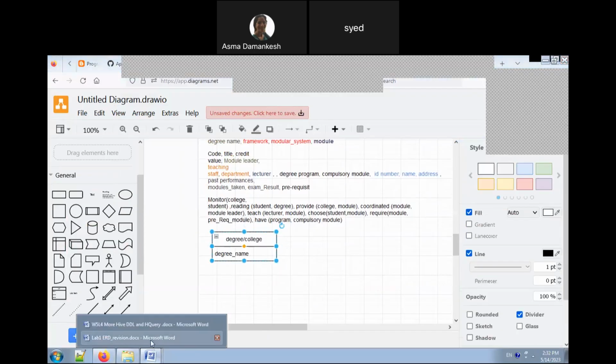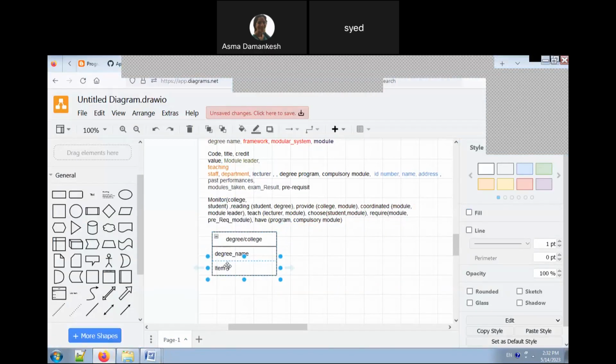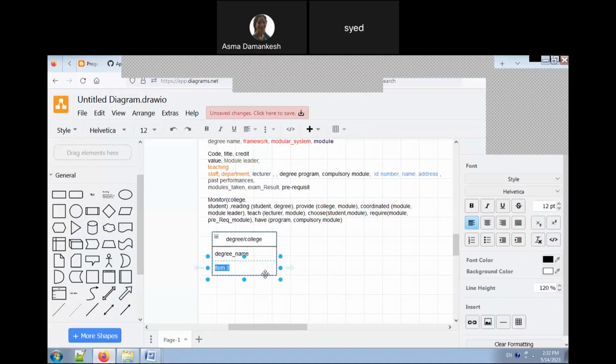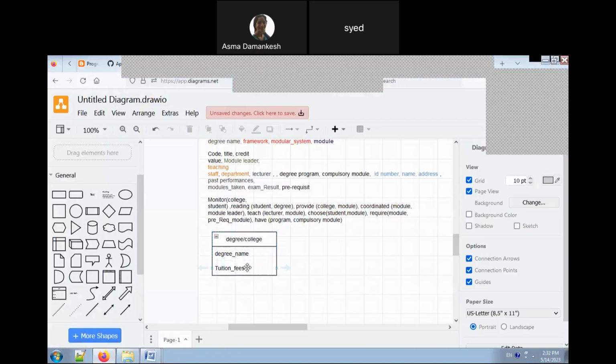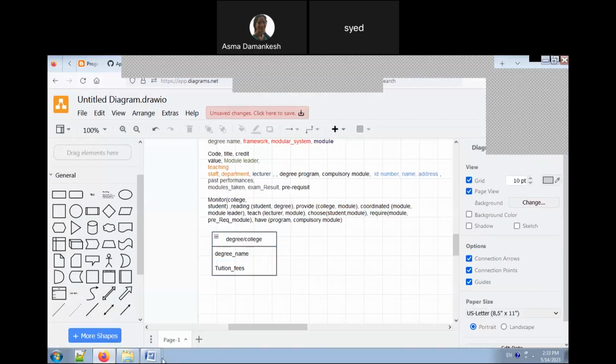We only give these entities the attributes that are mentioned. Like we don't use our common sense and add those. Sometimes, like when it doesn't have anything, you do mention it. So you could come here and say degree has a name, degree has maybe tuition fee. It's not mentioned, no? But you want to mention it. That's okay. So if you know the domain a little bit, you can add what you want. So that's okay.